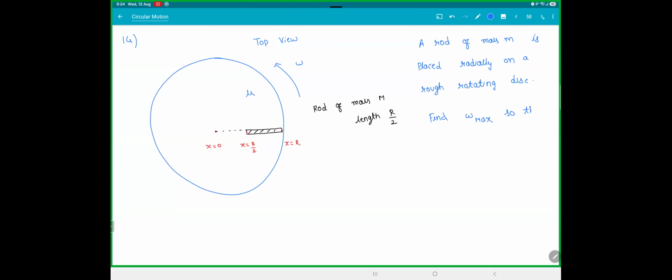If you rotate the disk very fast, the rod will slip. So what is the maximum omega? The side view will look something like this. Again, for simplicity, put the observer at the center of the disk and solve the problem. That makes your life easy. So this is r by 2, this is r, and this is mu. Give it a try.